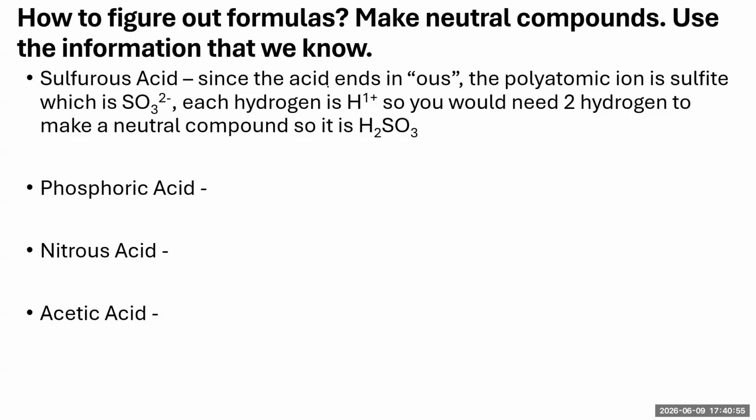Sulfurous acid, since the acid ends in OUS, that ends up being ITE. So this is the acid. This is the polyatomic ion, which is SO3 2 minus. Each hydrogen is a 1 plus, right? So boom, sulfurous.